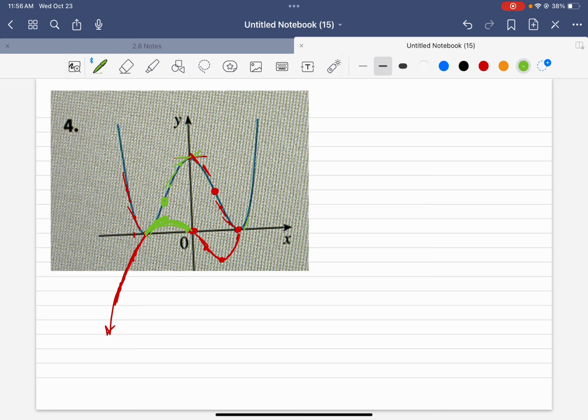And then it goes small positive, bigger positive, bigger positive. So it looks like it just does that. So notice what we've created. We took the derivative of a 4th degree, and it looks like we got something that kind of looks like a 3rd degree polynomial, and we would expect that. Cool. All right, that's number 4.